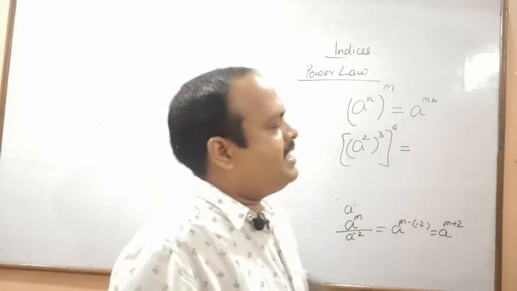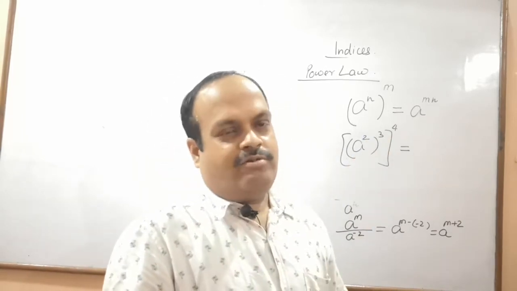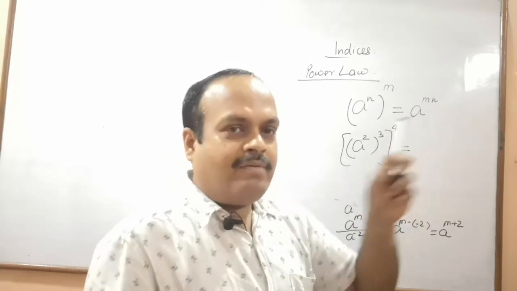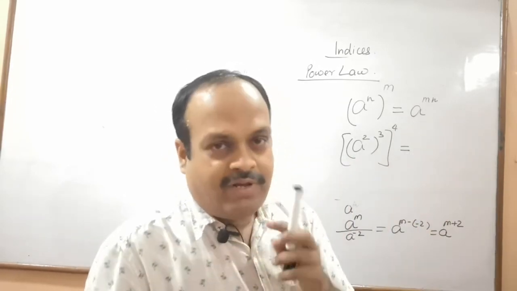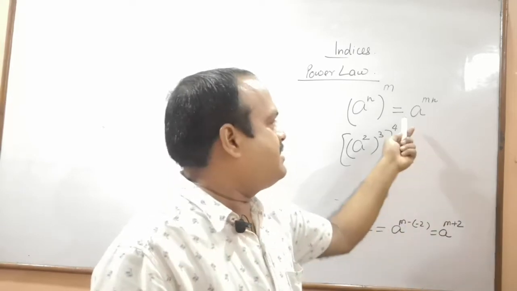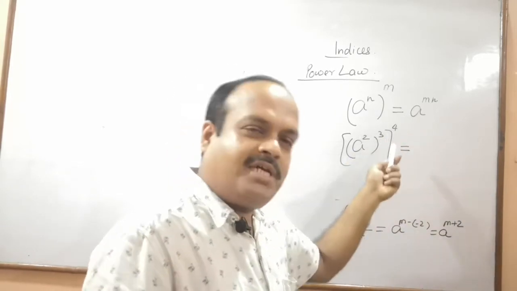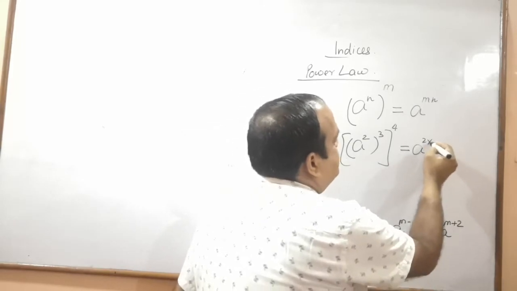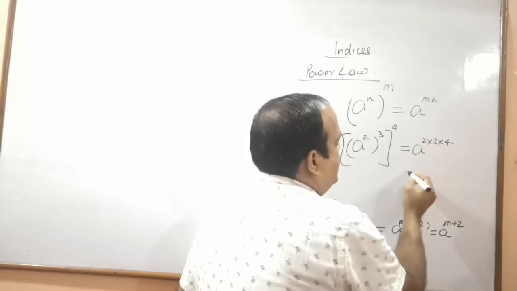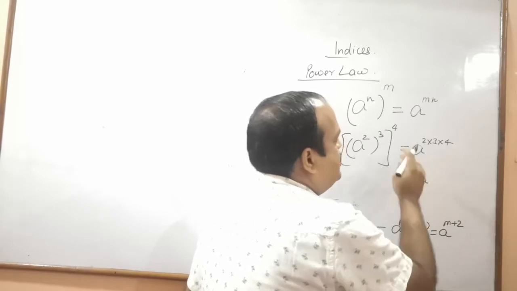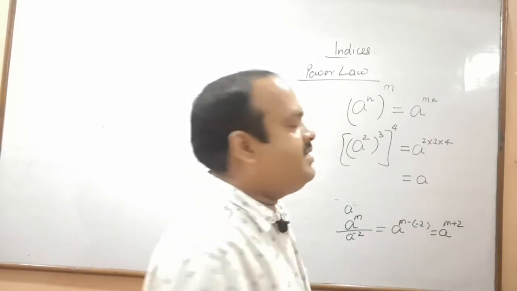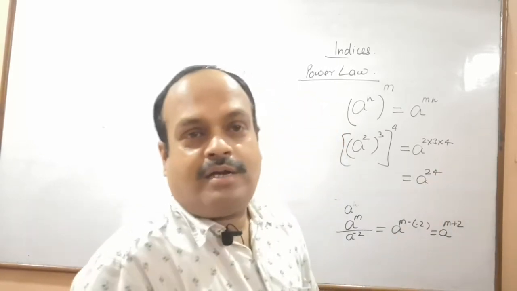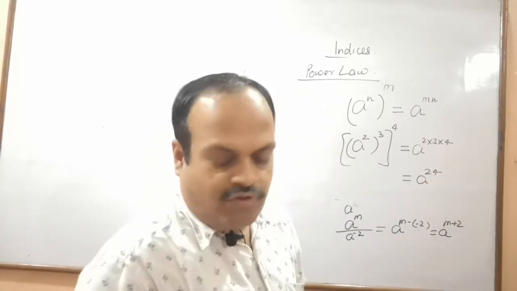Using this law that I explained, we will get the result with the base a, but the power of that base a will be equal to the product of these numbers, 2 into 3 into 4, which becomes a to the power 24.